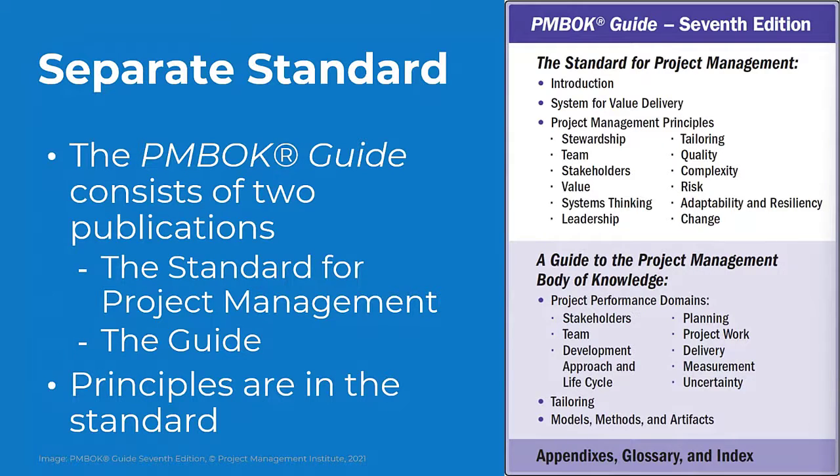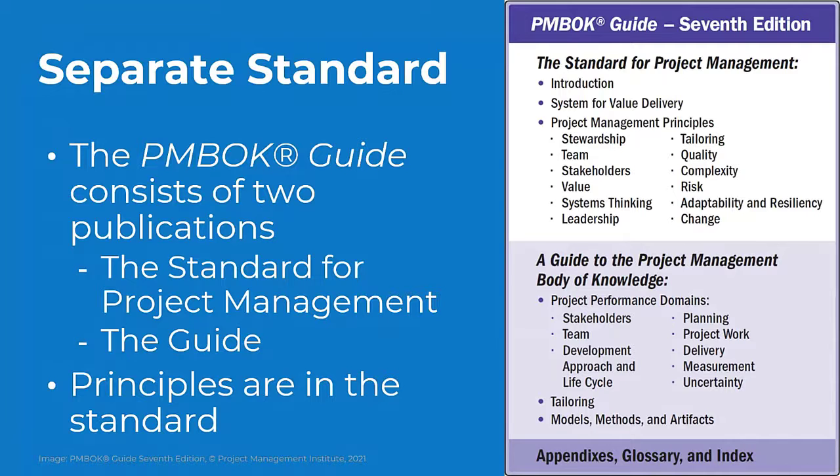The white box, that is the standard for project management, and the somewhat purplish box, fuchsia, I don't know what that color is, below, the big one, that is actually the PMBOK guide, the project management body of knowledge. The principles, as you can see here, they are here at the top. These here are the 12 principles, whereas down here in the PMBOK guide, you actually have 8 performance domains. Just an interesting thing to remember, that the principles are not actually in the PMBOK guide. They are part of the ANSI standard.